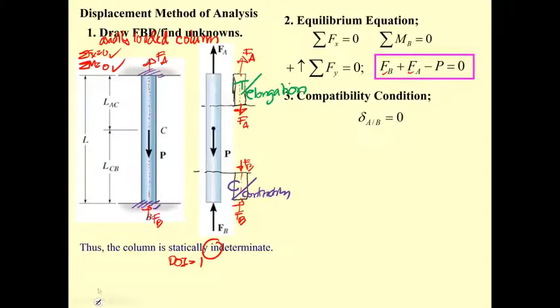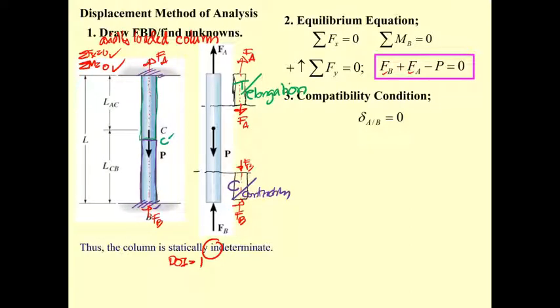What you have is the deformation of this one. So this portion is going to move to here, from C to C prime, and this portion is going to shorten to here.